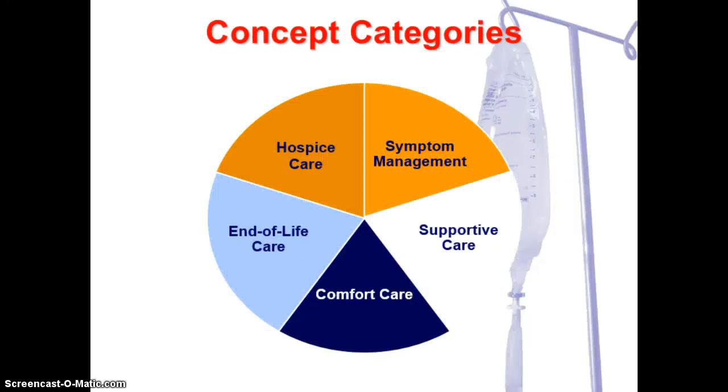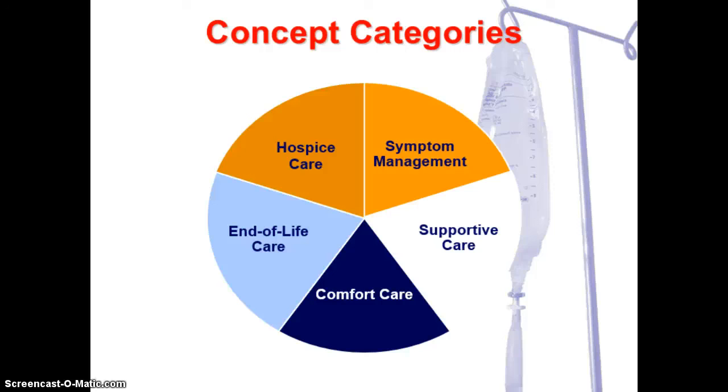So the different categories inside of death and dying: hospice care, symptom management, supportive care, comfort care, and end-of-life care. So basically all of this focuses on the care of the patient, not on the cure of the disease. So when we start talking about palliative care, it can be initiated early in the disease process, and they can still be undergoing treatment and therapies and things like that.